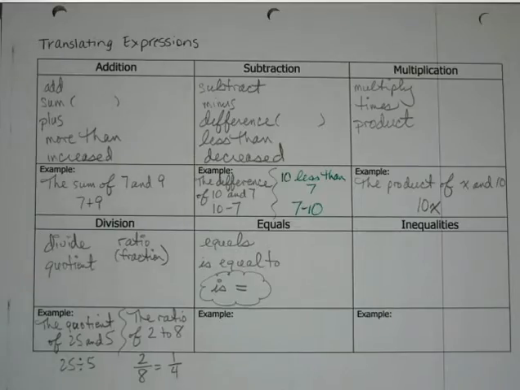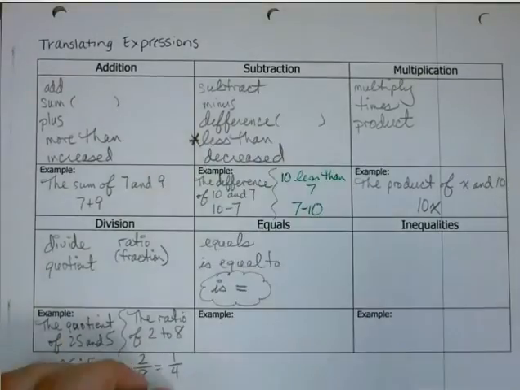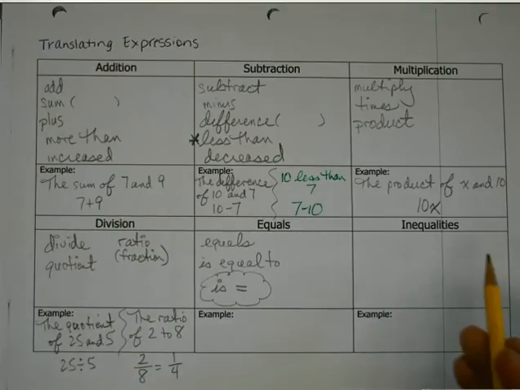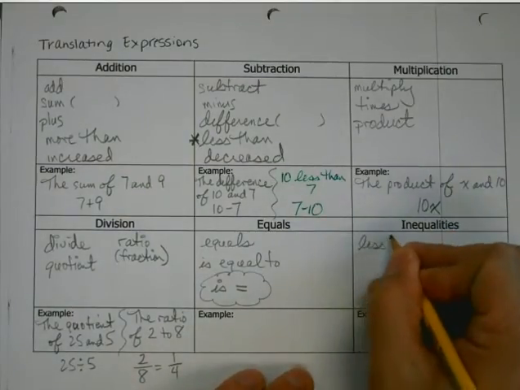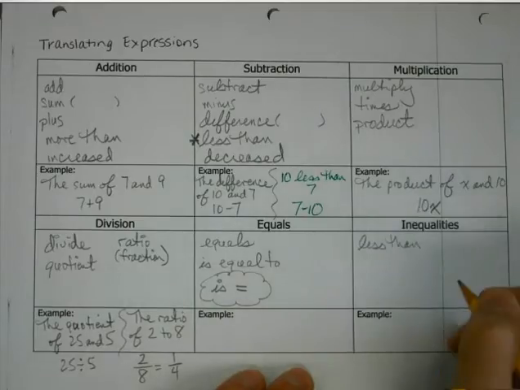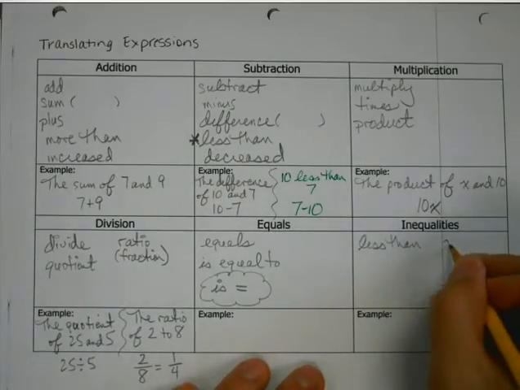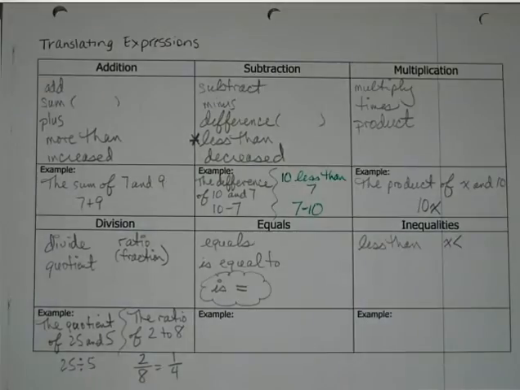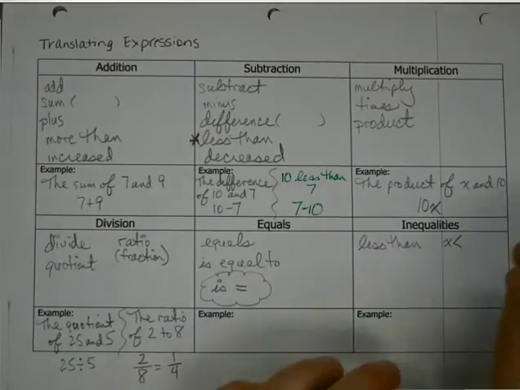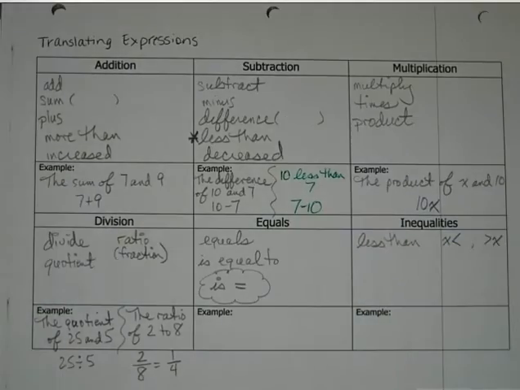Now, inequalities we have to watch out for a little bit. I'm going to star less than here, and here's why. Inequalities, we have less than. Now, less than has nothing to do with the arrow pointing to the left. Less than is what the arrow is pointing at. These two are the same thing.